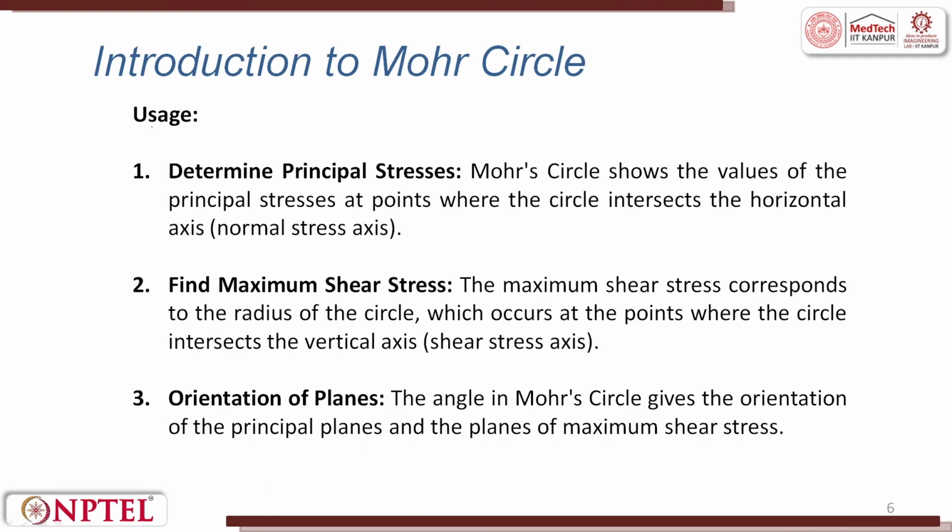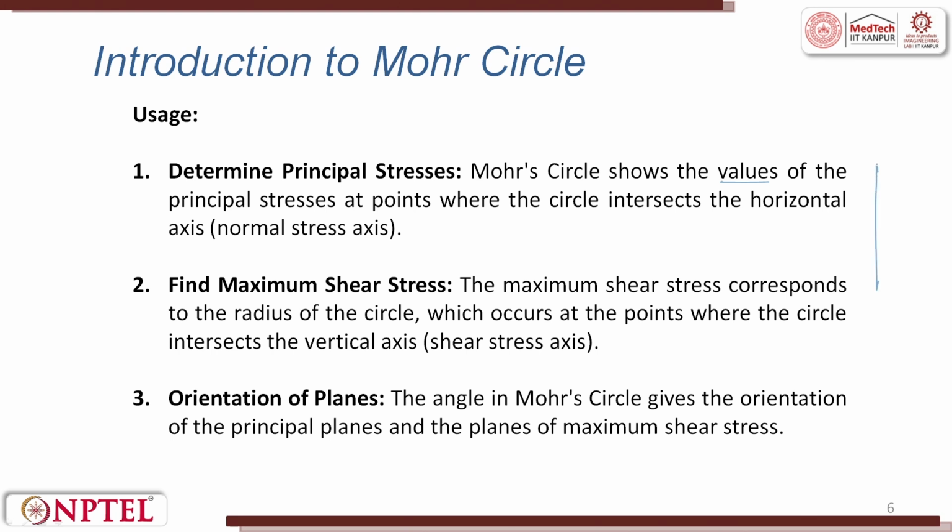So, what is its usage? It helps in determining the principal stresses. Mohr circle shows the values of the principal stress at a point where the circle intersects the horizontal axis.